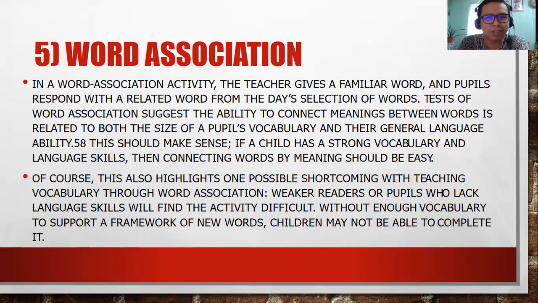For example, if I am teaching the teaching profession, I can get the word teaching and let my students, as a preliminary activity, associate another set of words from the main word.